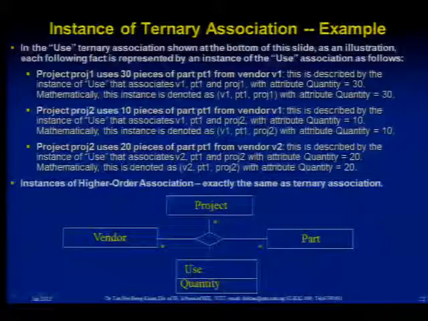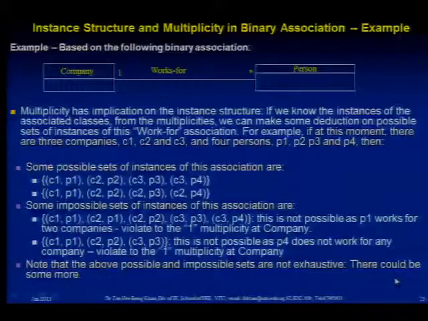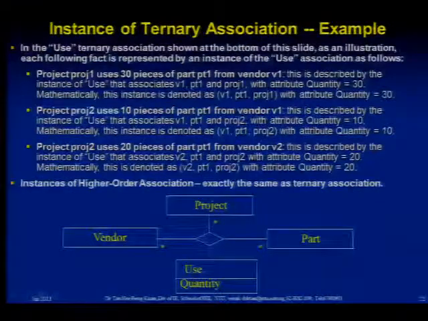And in this case, for this particular instance, the value of the attribute quantity is equal to 30, because project 1 uses 30 pieces of part 1 from vendor 1. For this particular instance, the attribute value is 30.